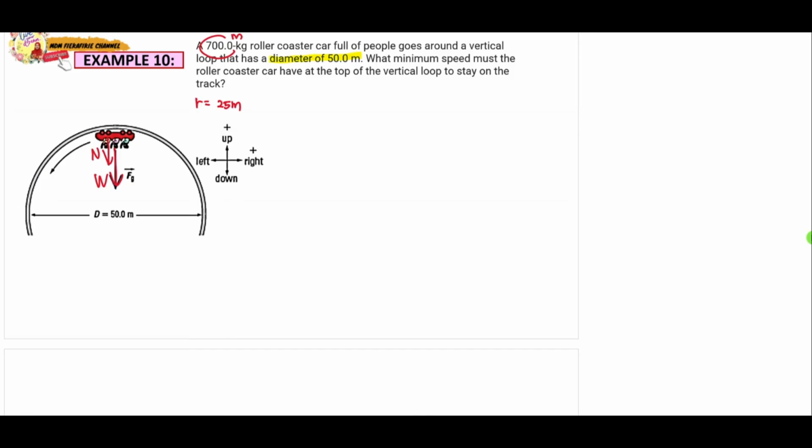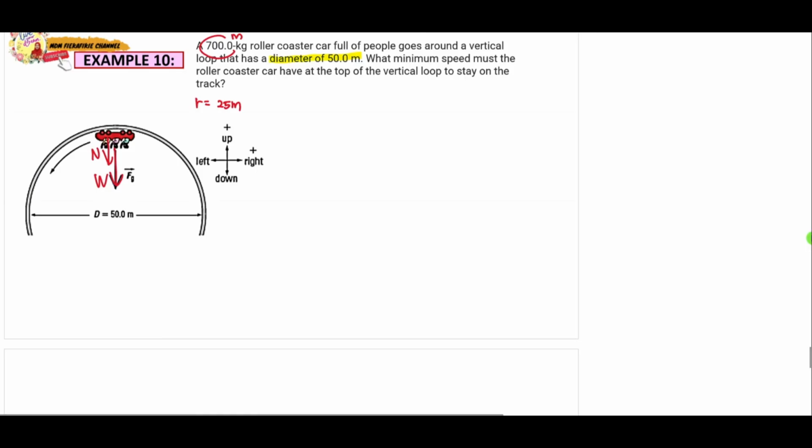So when we write the equation, okay, so always remember, so when the roller coaster is moving with the minimum speed, okay, to maintain its circular path, the force of gravity, bila kita kata the force of gravity, means that referring to weight. Okay, the force of gravity alone is the centripetal force. Okay, maknanya kita nak kira what is the minimum speed.